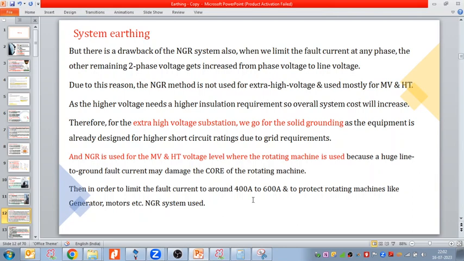It means I am reducing the fault current to protect the electrical machine core. So to protect rotating machines like generator core and motor core, the NGR system is used, right? So that it can limit the fault current and protect the rotating equipment.